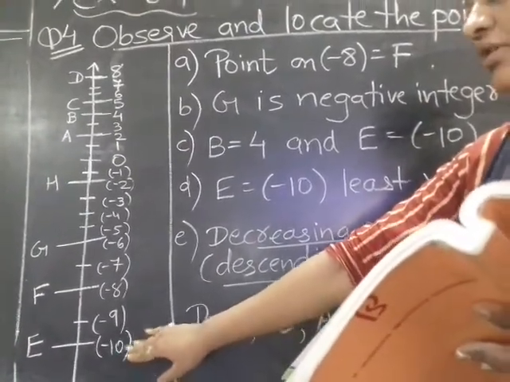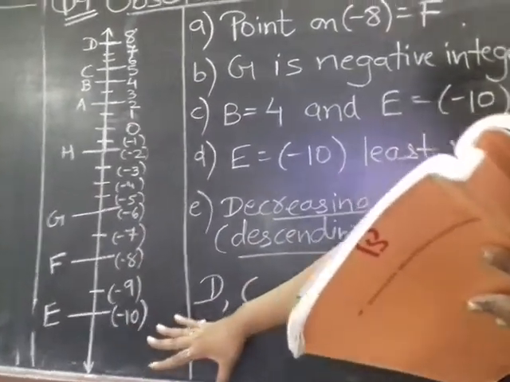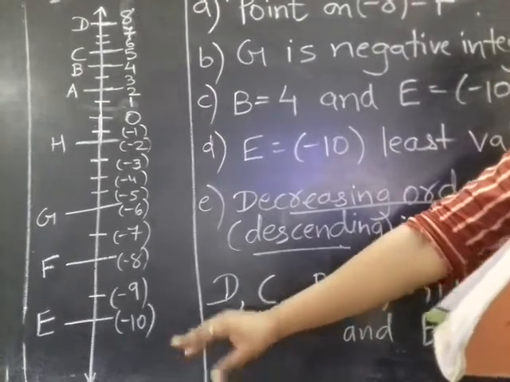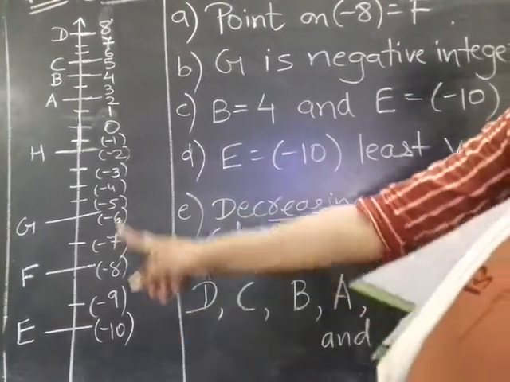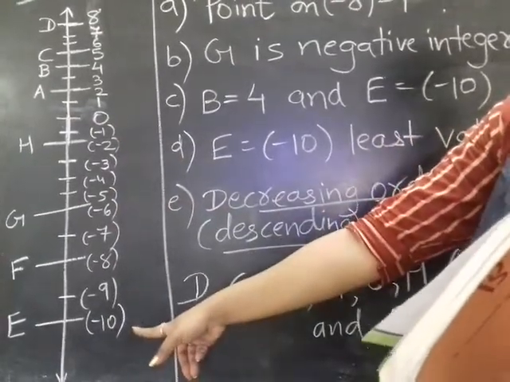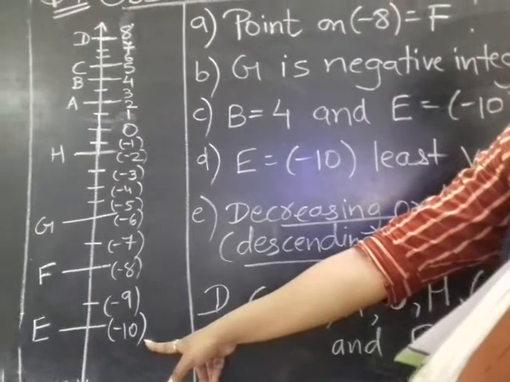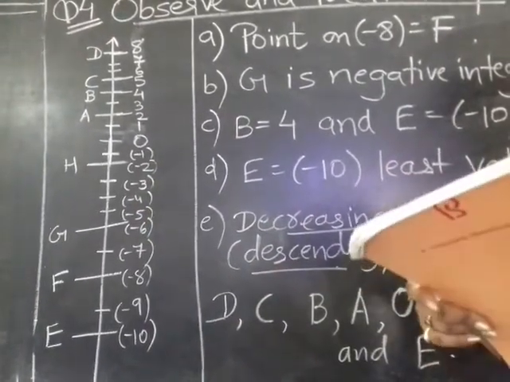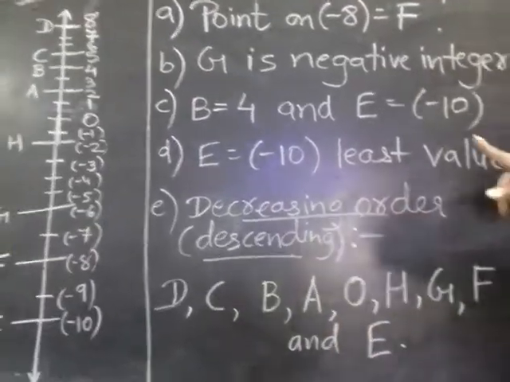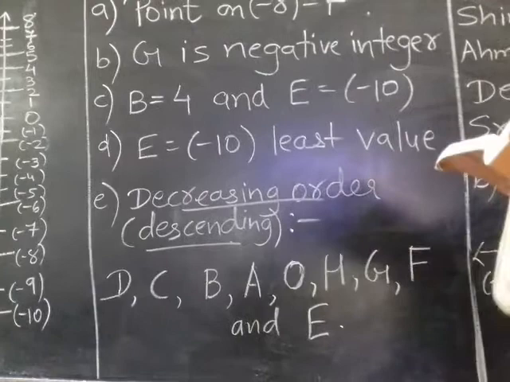If I am not keeping a negative sign, then it will be bigger, but with negative the thing will be reversed. So here, compared to -1 and -10, when we see with the negative integers, -10 becomes the smallest number and -1 in negative integers becomes the bigger one. So -10 is having the least value, that is on alphabet E.